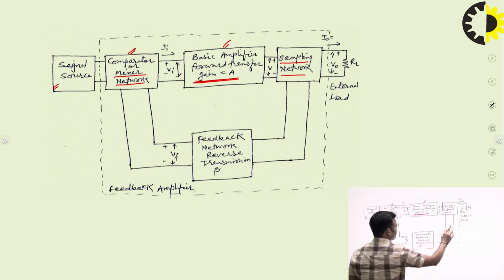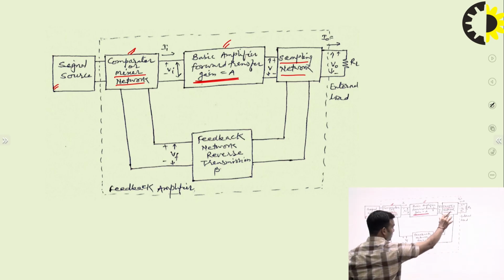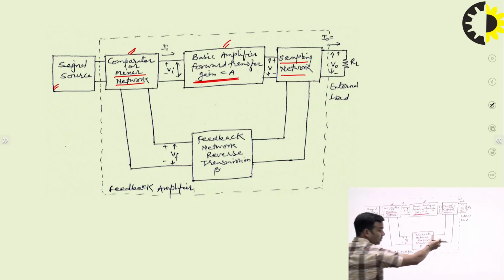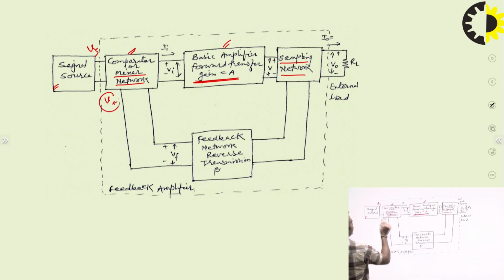The output from the sampling network will be provided as an input to this feedback network, and the output of this feedback network will be applied to the mixer network, which will mix the output from the signal source and the output from feedback. That means if here we have Vs and this is Vf, then it will mix Vs and Vf.